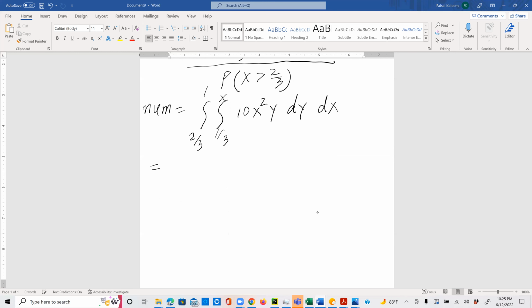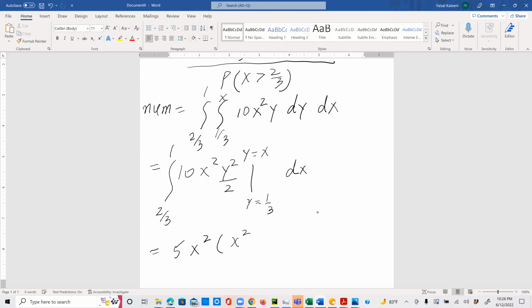Now let's double integrate this. First with respect to y. So 10x squared times y squared by 2, y goes from 1/3 to x. So it's 5x squared, and then put in the y values. The top bound is x, so x squared minus 1/9.